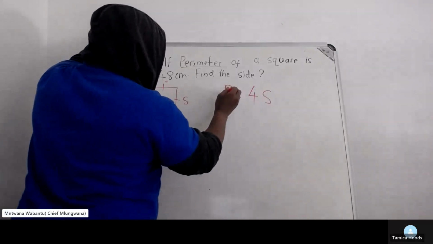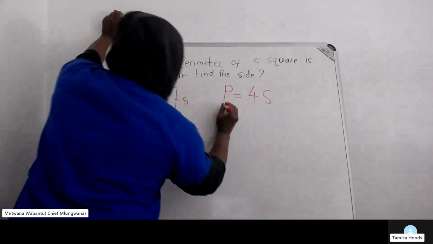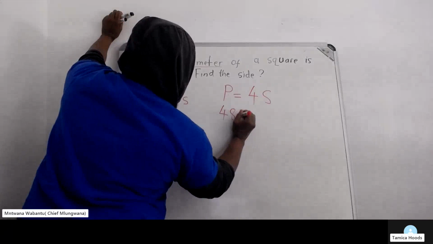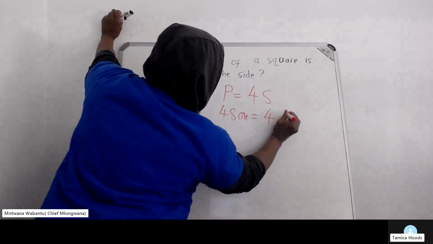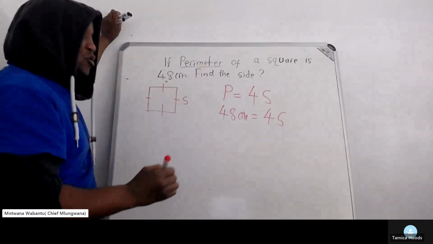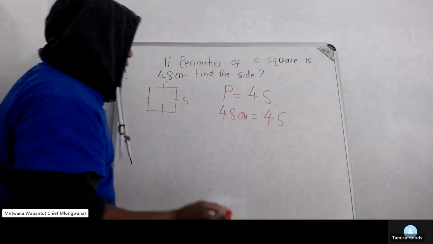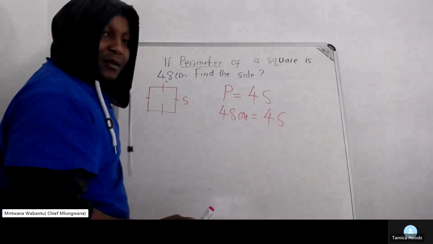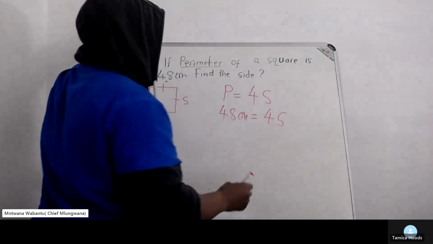So in place of perimeter, I'm not going to write the P. You're going to write 48 centimeters equal to 4 times side. What am I looking for? You are looking for the side. So I'm going to get S alone.